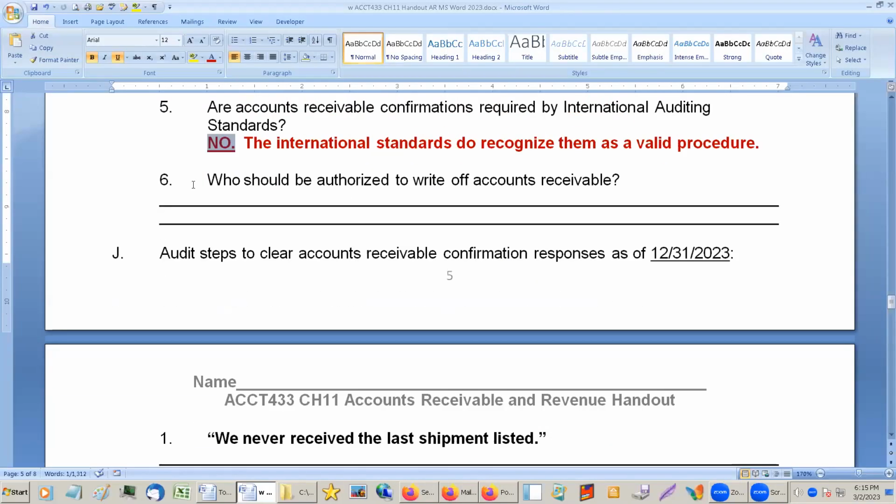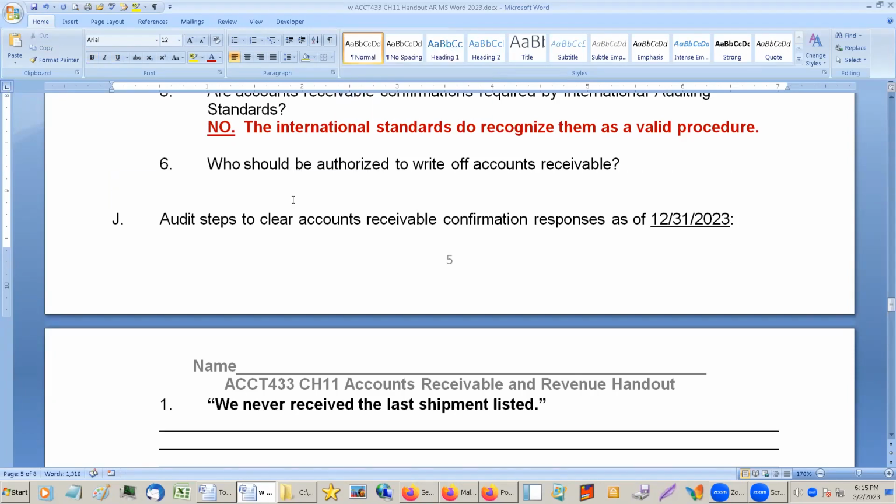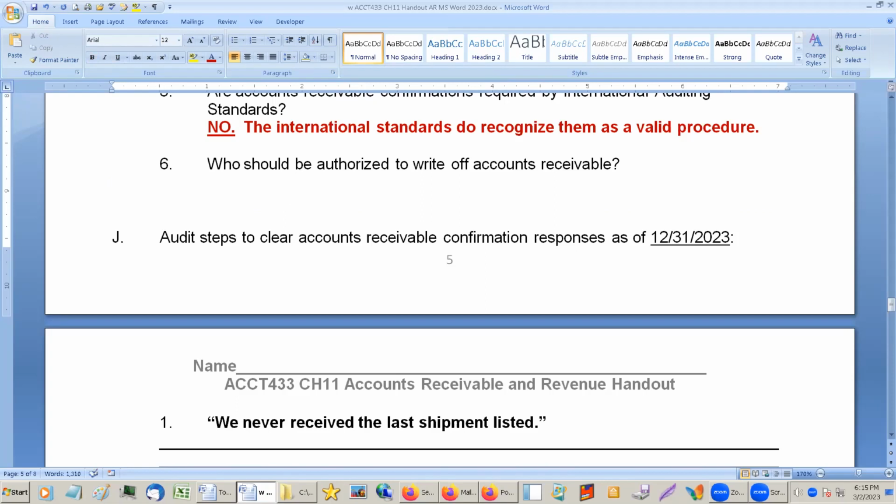Okay, who should be authorized to write off accounts receivable? This is actually somewhat funny, but anyone except Treasury or accounting, and in particular the accounts receivable clerk.